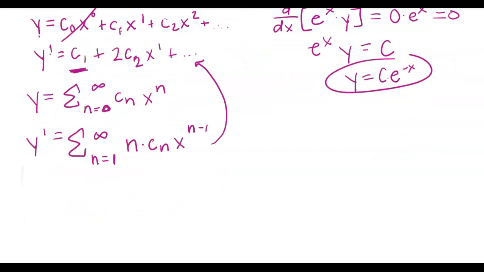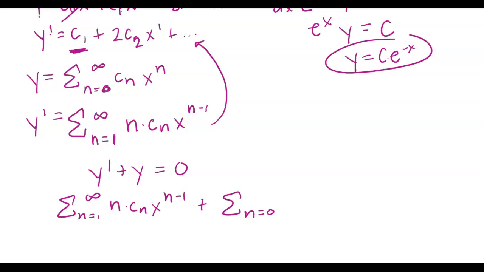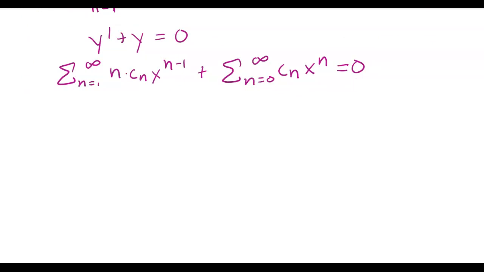All right, so I need to then plug this in, y prime plus y equals 0. That means this series plus this series must be equal to 0. Well, in order to combine these, I need them to have the same index and the same start. So I'm going to say k equals n minus 1 here.